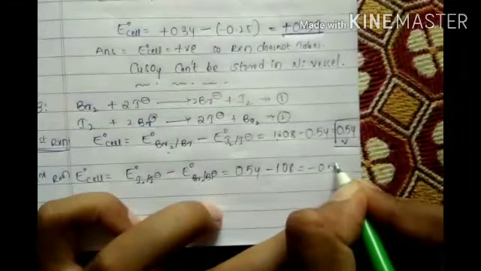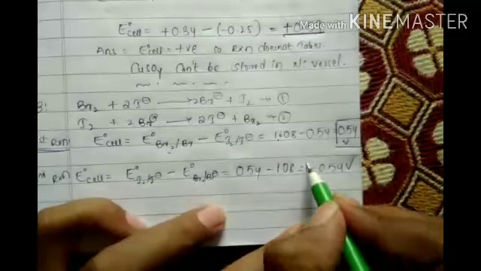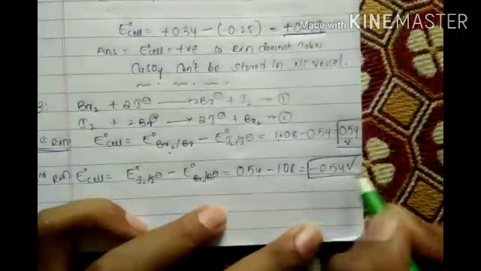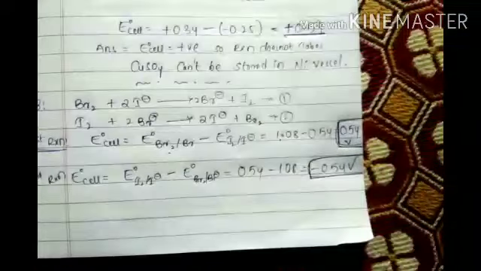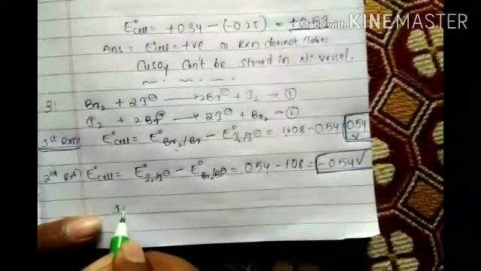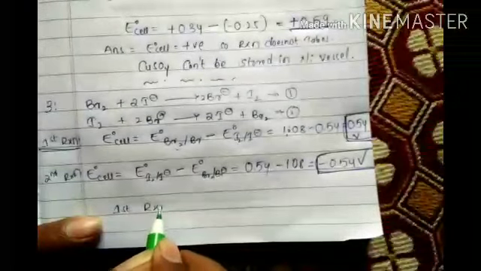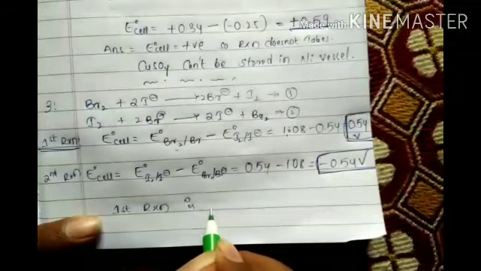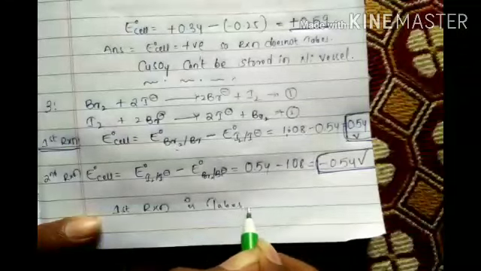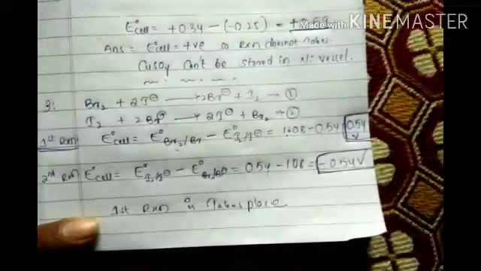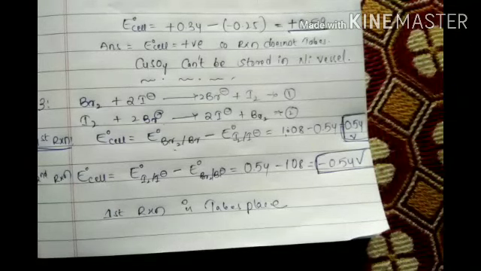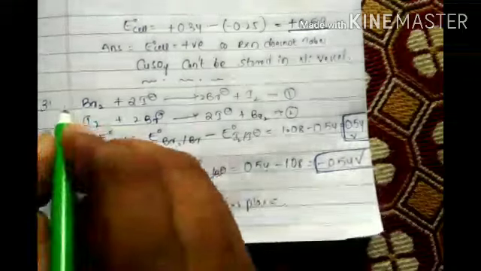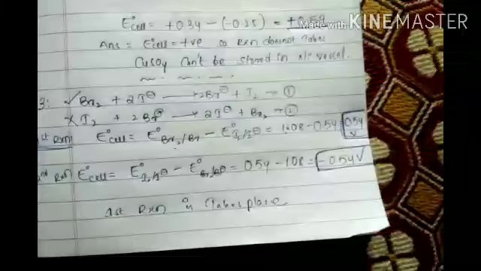Minus 0.54 will come. So first answer is positive, second answer is negative. So which reaction is possible? First reaction takes place. Okay, so this reaction is correct, this reaction is wrong.